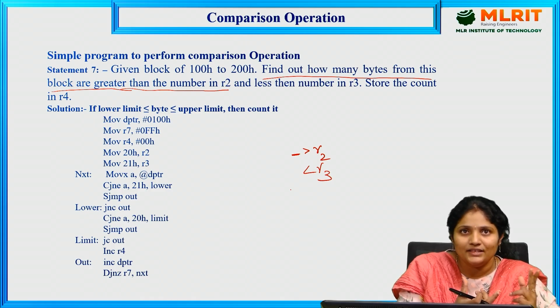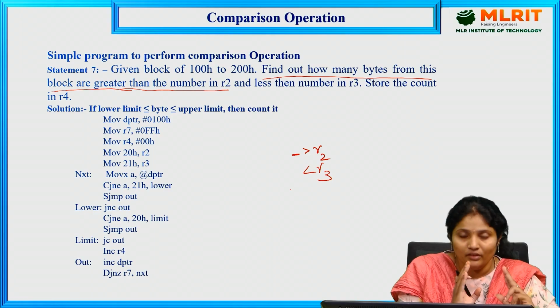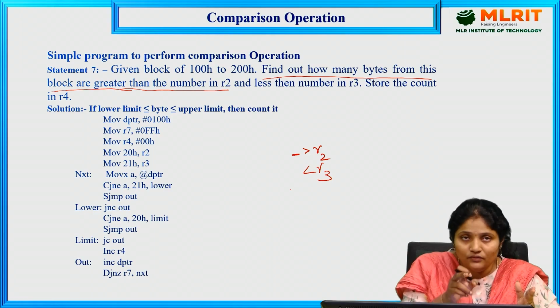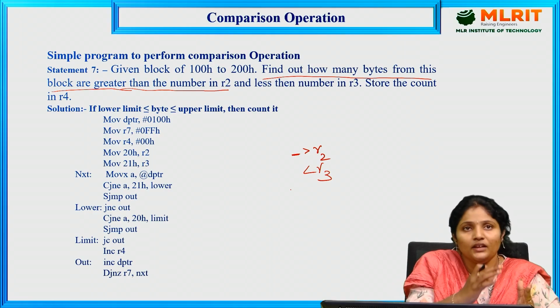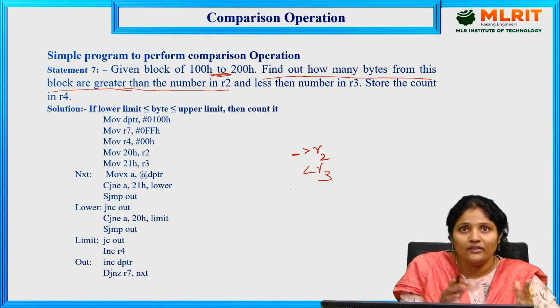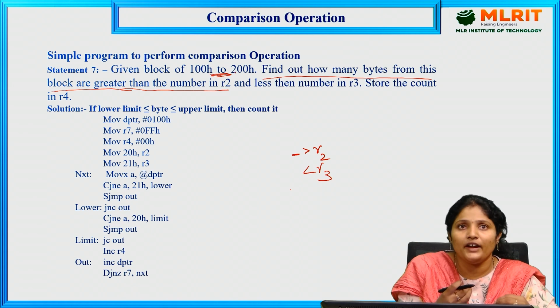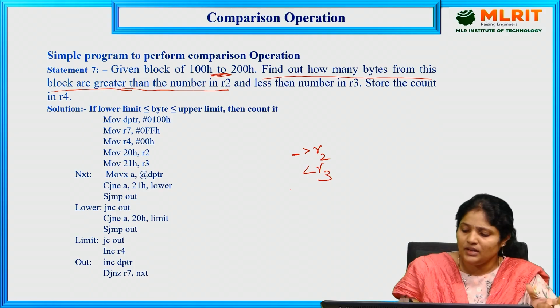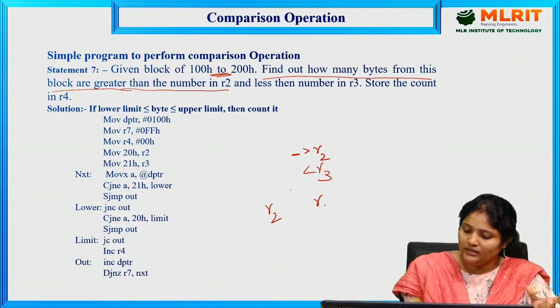One largest number and one smaller number are there, so we need to find out the numbers between them. If the memory has a number of locations in 100H to 200H, we need to find out how many numbers fall under this condition. There are two limits they have given. So suppose I take from R2 to R3.